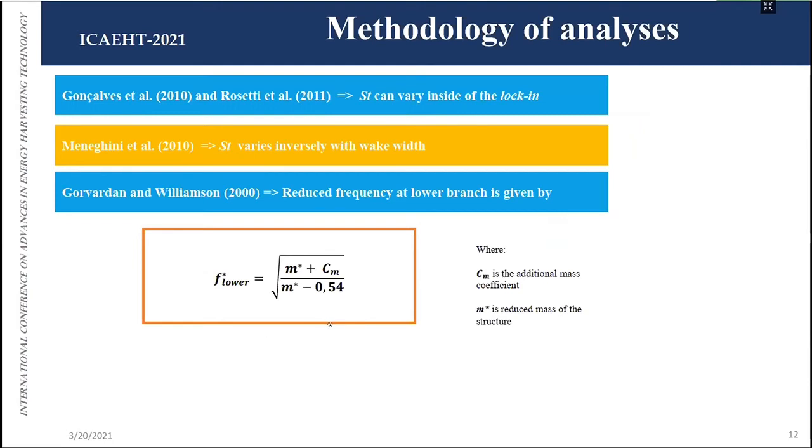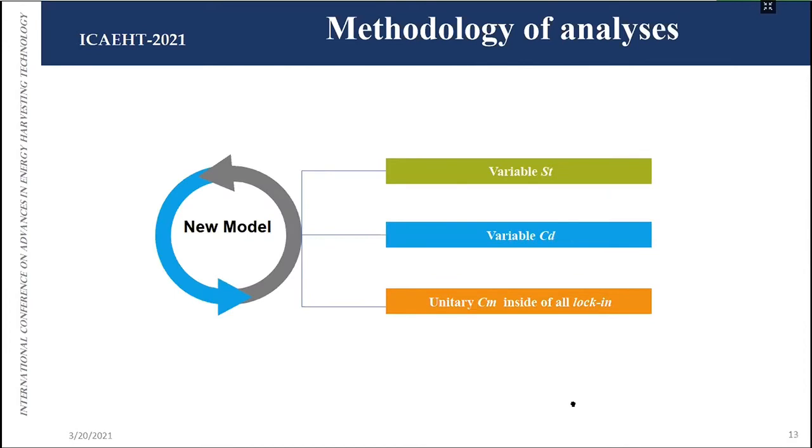At the same time, and again in 2010, it was affirmed that the Strouhal number can vary inversely with the wake width. Govardhan and Williamson 2000 provide us how the reduced frequency response varies at the lower branch, and it is given here. So we try to make a new model varying the Strouhal number and the drag coefficient, but keeping the added mass coefficient as a unitary value inside the whole locking branch.